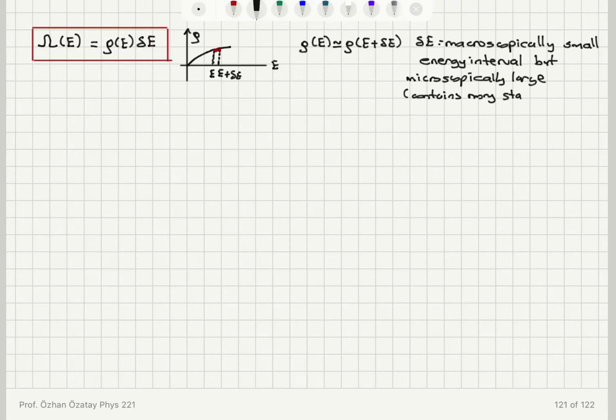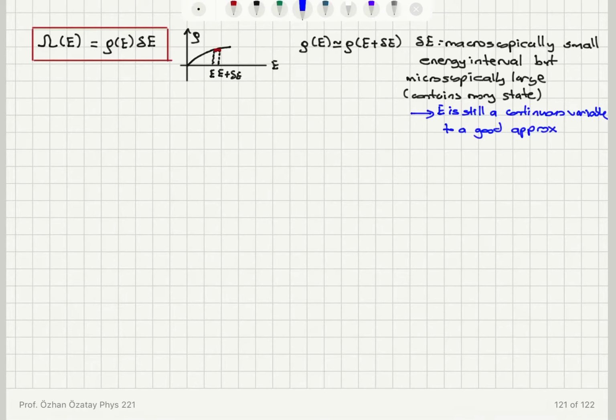Why do I need this? Because I'm treating this function density of states as a continuous function. The energy interval that I pick, I should not care about the discreteness of the energy levels. I should have enough number of states in that energy range so that I can treat the energy as a continuous variable. So this is basically going to guarantee that E is still a continuous variable to a good approximation.